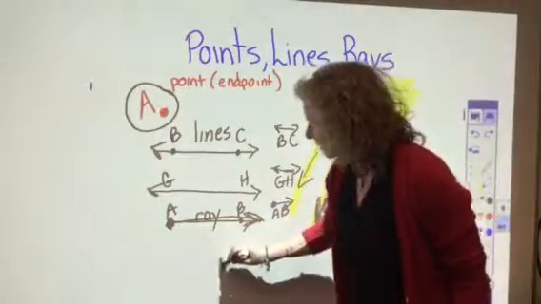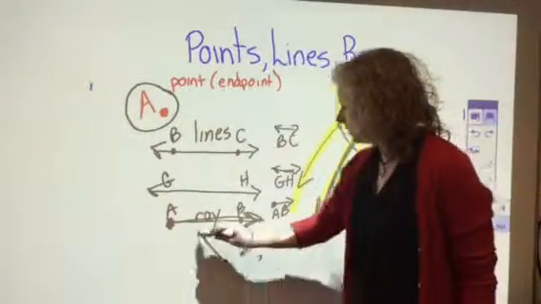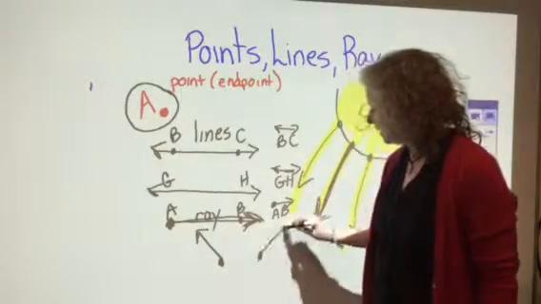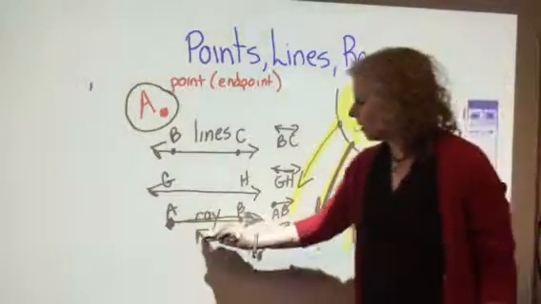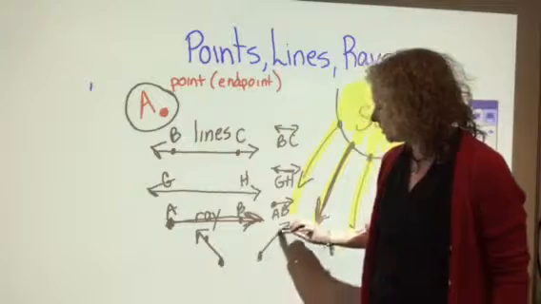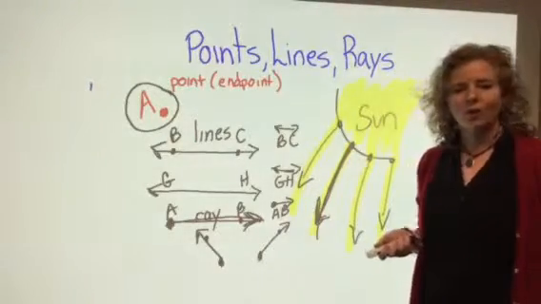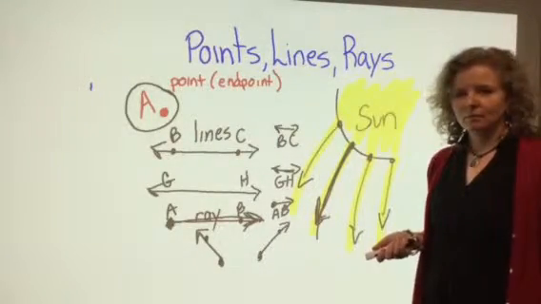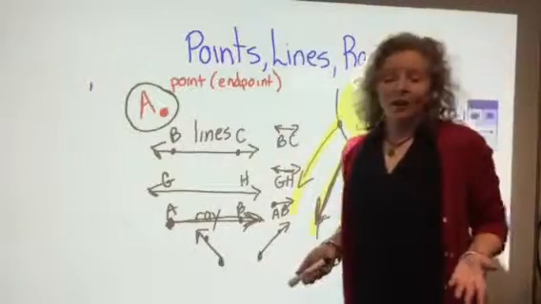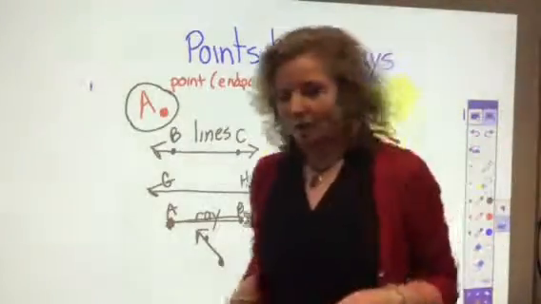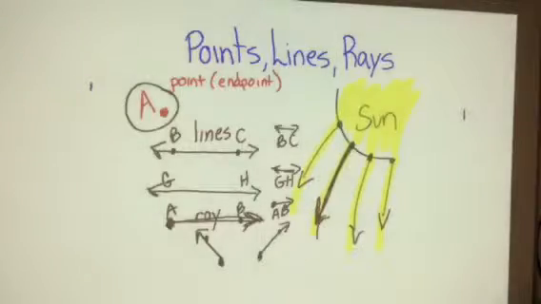You can also have it face this way, or this way. They go on and on. They have a particular starting point, and then they go on and on forever in one direction. Make sense? We have to practice these vocabulary words, so I want you to practice point, line, and ray.